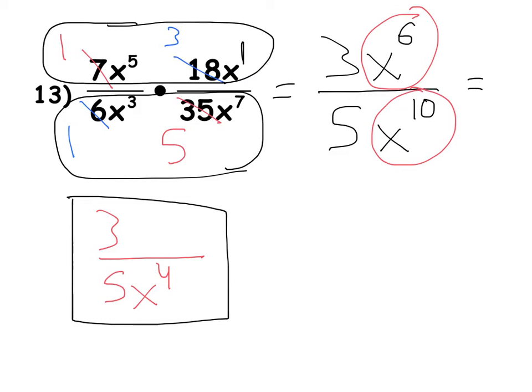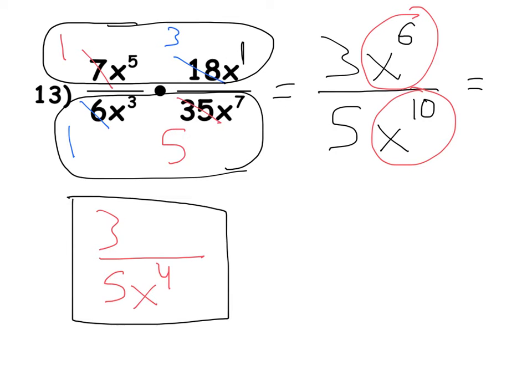Okay, this one's a little bit tricky. There's a few ways you can go about this. I think simplifying your coefficients and then multiplying across, and then dealing with these x's by subtracting is the best way to do it. You could have gone ahead and subtracted the exponents here, then subtracted the exponents here, and then combined them again, but I think that's a lot more work.